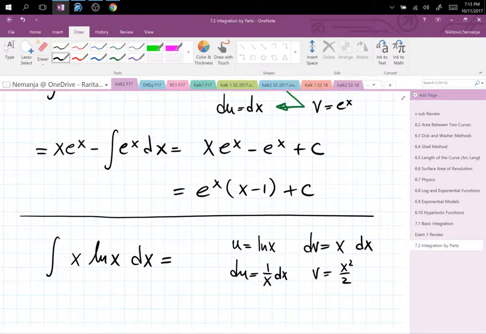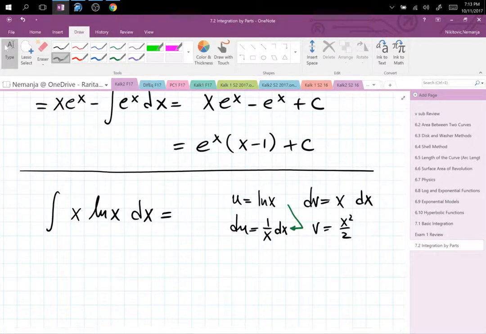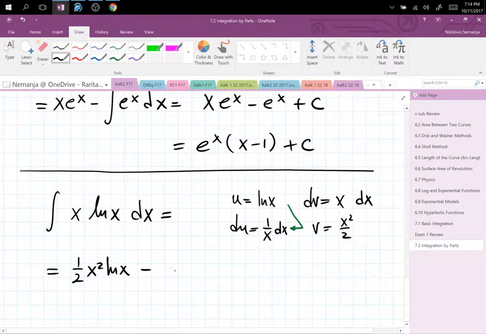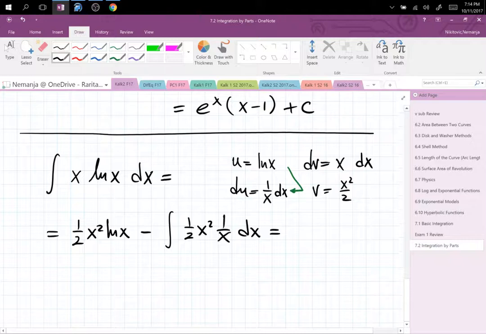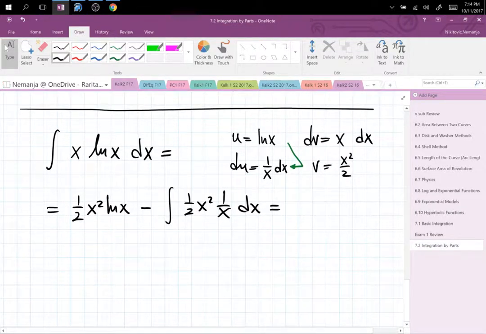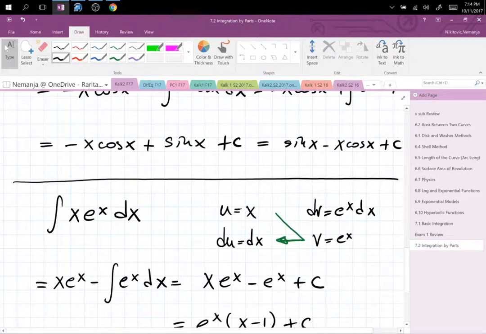So now you put this together and see if it works. Hopefully it does. So u times v, which is 1/2 x squared ln x, minus the integral of 1/2 x squared times 1 over x dx. dv is always on top, v is always on the bottom.